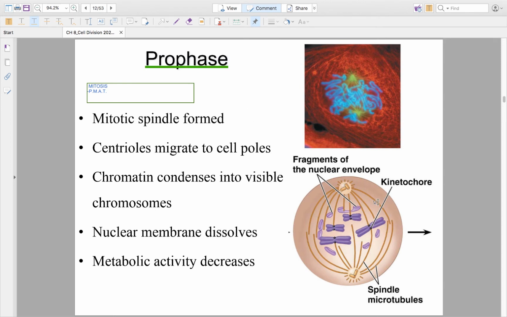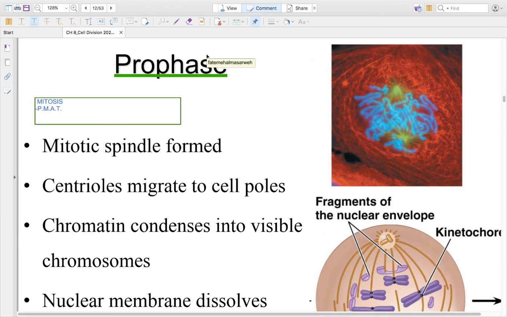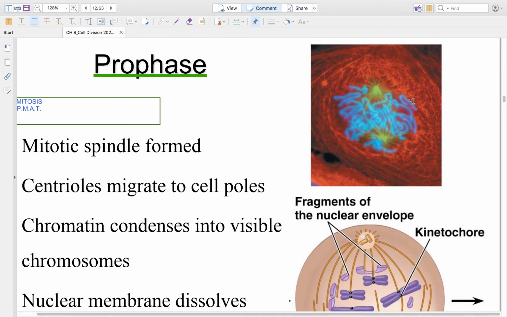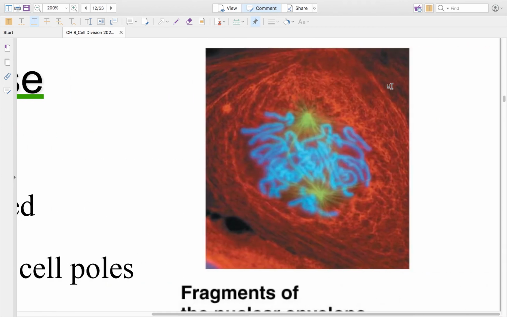All right, so what we're looking at here is clearly a diagram of a cell. And then this is a real cell, and it's been fluorescently stained, so that we could see everything. Okay, so this is the cell, and all of this blue stuff right here, these are the chromosomes.